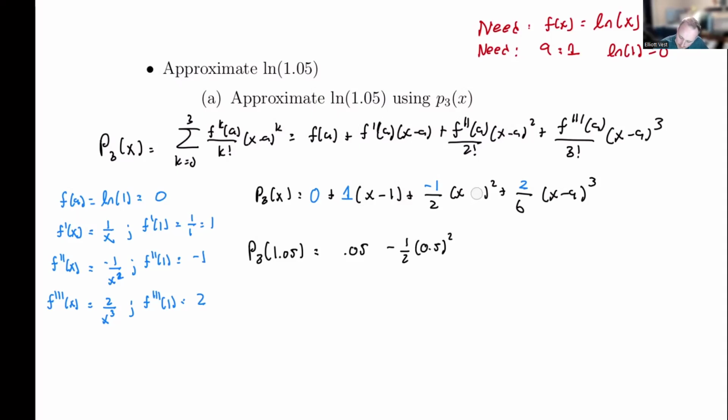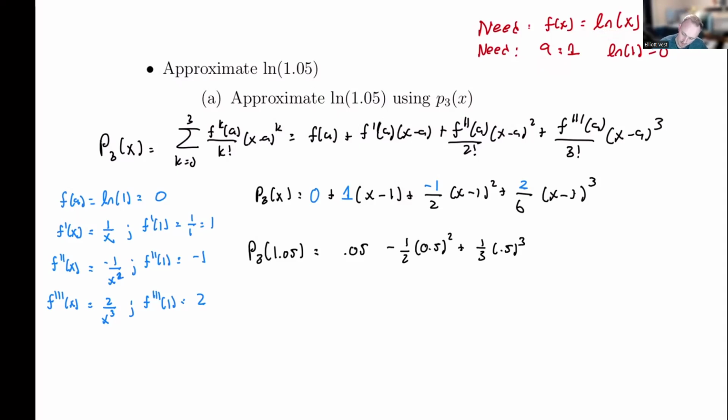Oh, I should have done this with -1, -1, right? Because we're plugging in our values: a is equal to 1, f of a is equal to ln of 1, and so on and so forth. That's going to be 0.05 squared plus 1/3 times 0.05 cubed.